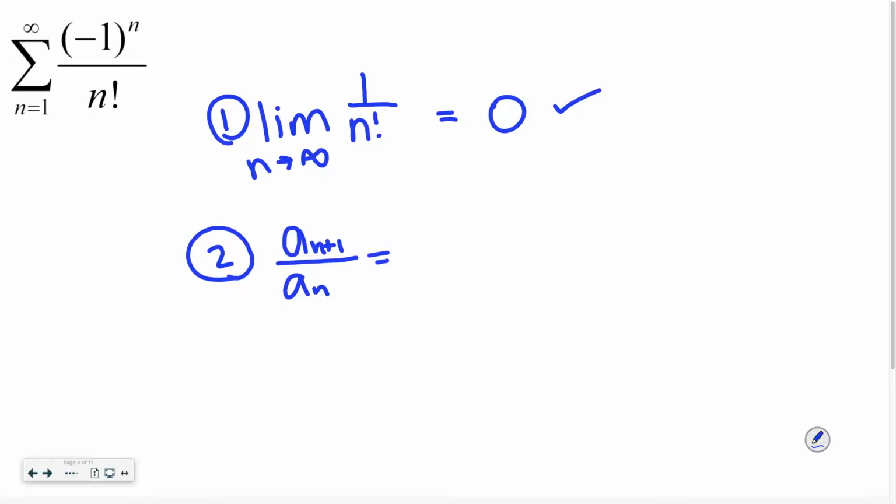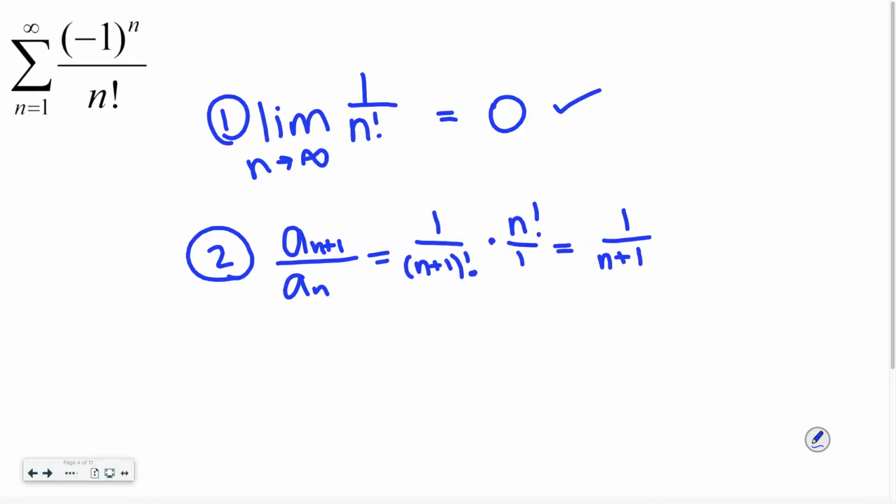So our n plus 1 term would be 1 over n plus 1 factorial. Our n term would be 1 over n factorial. So let's multiply by the reciprocal, right? That's the same thing. Well, what is this going to reduce down to? 1 over n plus 1.